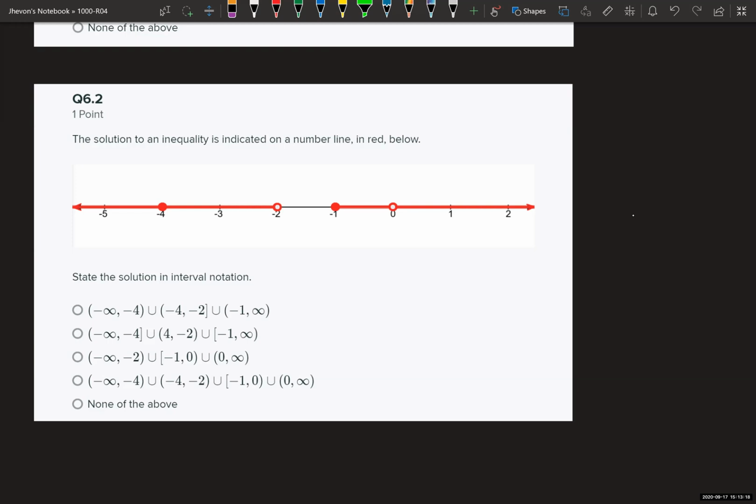Yes, so it totally doesn't really matter. Right. So you can look at the dot above the -2, which doesn't include it. And it goes all the way. So it's open parentheses, -infinity, comma, -2, close parentheses.